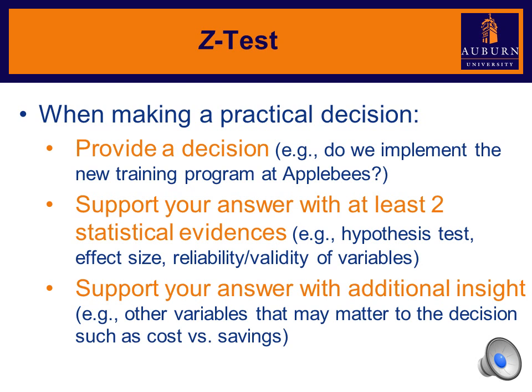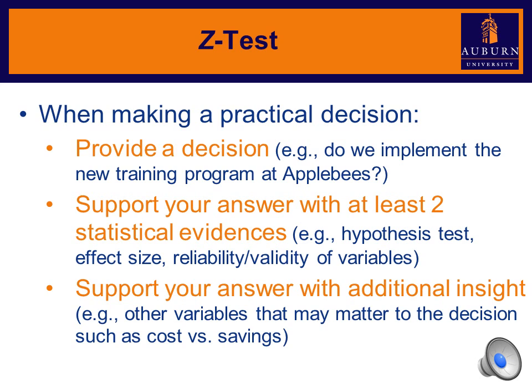When you're making a practical decision, I want you to provide a decision. In this case, we're asking, should Applebee's implement the new training program based on the sample? You need to decide whether that's yes or no. I'm looking for you to make a decision, to stand on a table and say, we will or we won't implement this new training program.